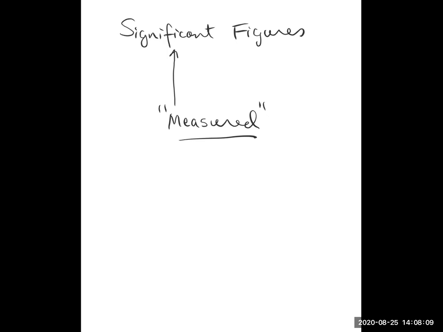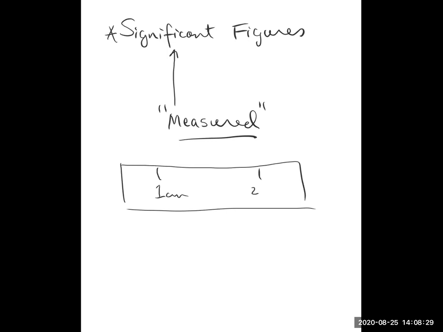And so anytime you measure, you read everything you can plus one digit. So let's just say you have a ruler, something like this. This is just basic, but I do want to tell you why it's significant. So let's say you have 1 centimeter here and 2 centimeters here. Okay, and we're measuring a leaf or something, and it comes to about right here.